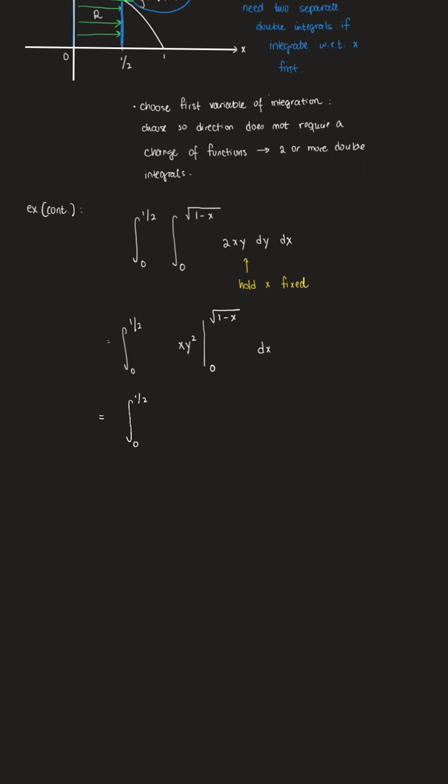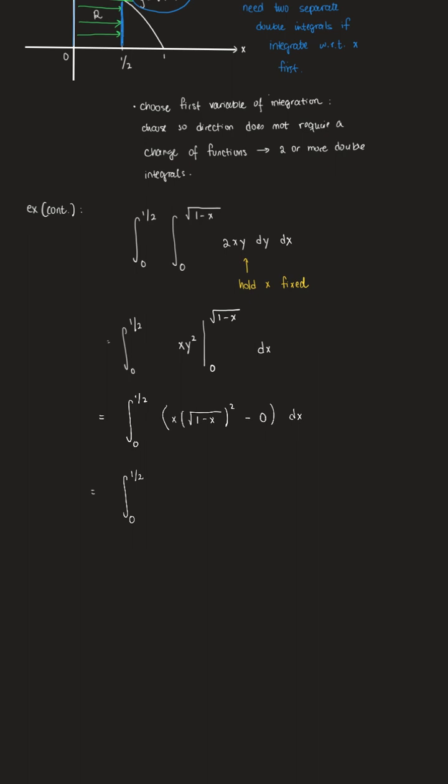So remember, we're evaluating y. So we'll have x times the square root of 1 minus x squared minus 0 dx. And so this becomes integral from 0 to 1/2 of, the x is not squared, by the way.